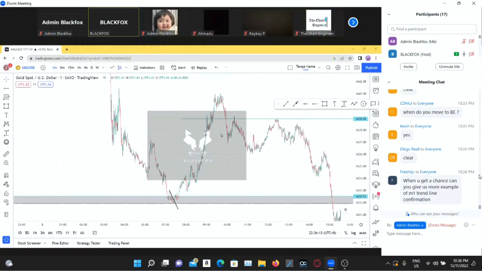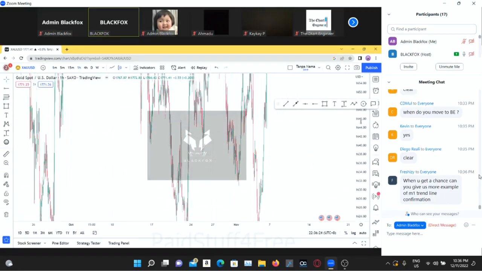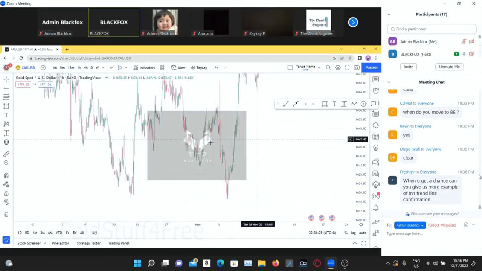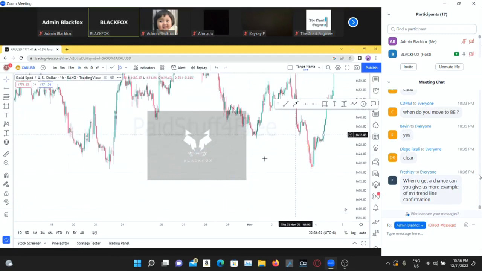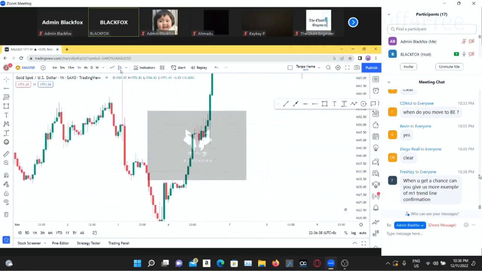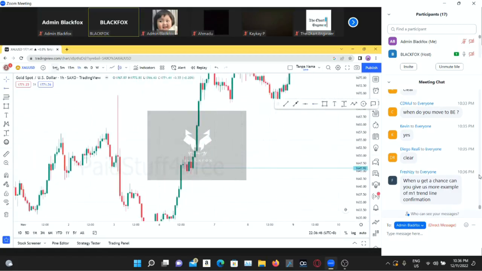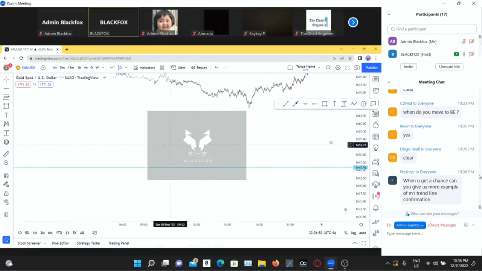When you get a chance, can you give us more examples? Okay, sure. Wait, we will find an M1 confirmation. For example, this one is a breakout, right? If we take this level, we go to M1 and see first.